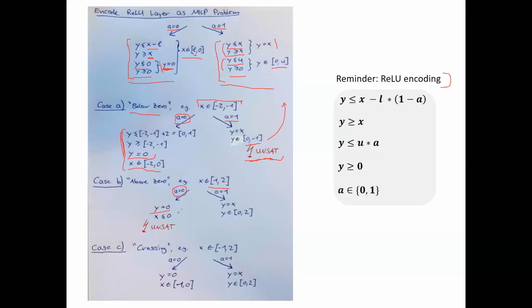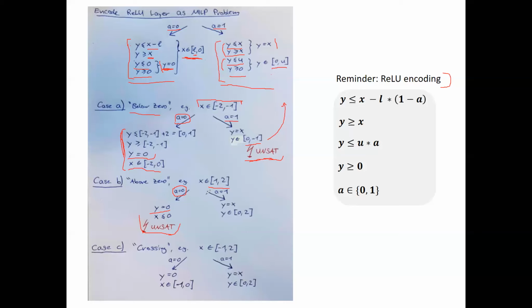So x should be greater than or equal to 1, and it should be less than or equal to 0, according to the branch we derived for x. And so this is not satisfiable. It cannot be greater than or equal to 1 and less than or equal to 0. So this is unsat, and the solver would not proceed with exploring this case further.